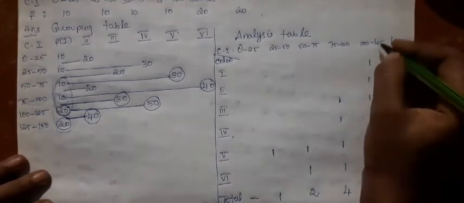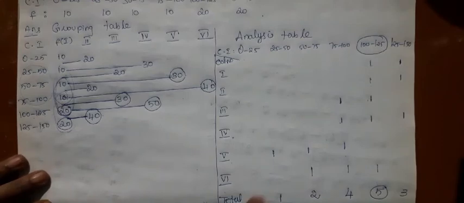The maximum value is 5. It means that this is your modal class. 100 to 125 is the modal class.